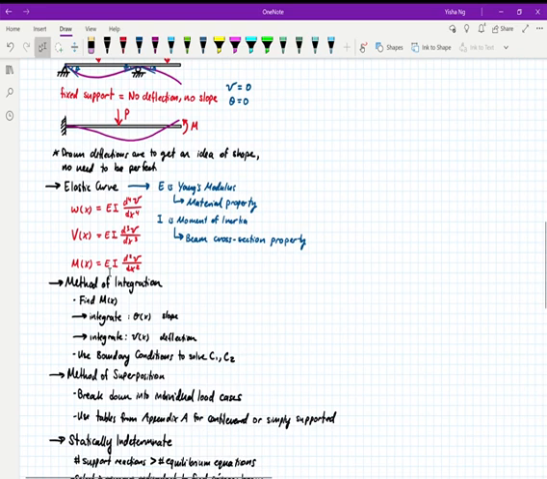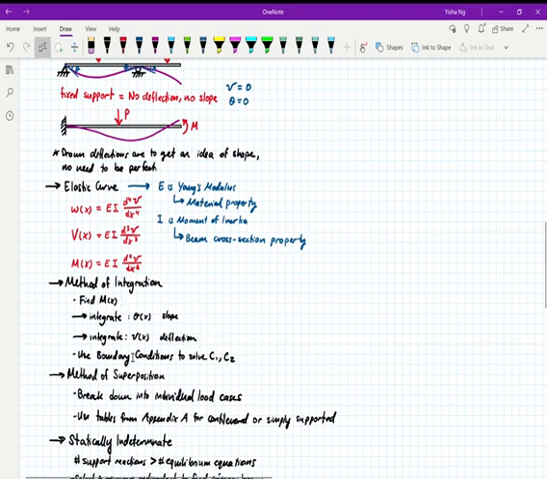And then you can deal with beam deflection in two different ways, the method of integration and the method of superposition. The method of integration is basically you find an equation which represents M in terms of x. So how does the moment change in terms of x? You integrate it once to find the slope, and then you integrate it again to find the deflection.